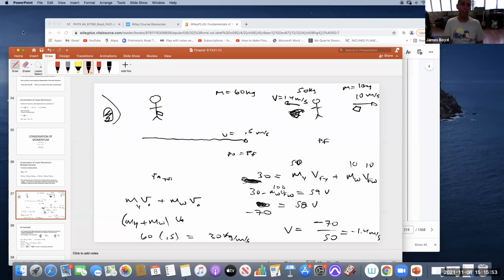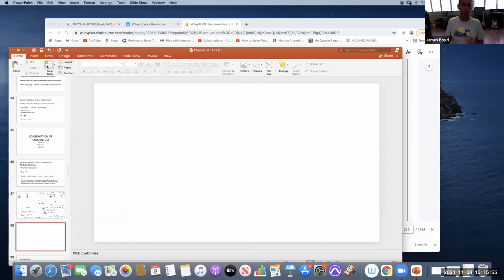Now let's look at what happened, okay? And this is really important. Prior to anything going on, your initial momentum was your mass times the velocity plus the mass of the wrench times its velocity, but these were the same initial velocity.